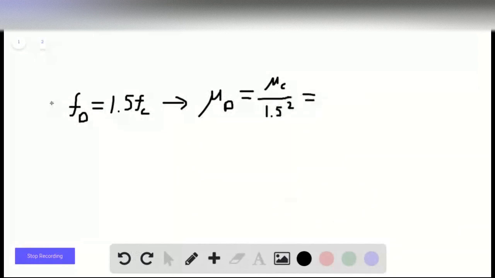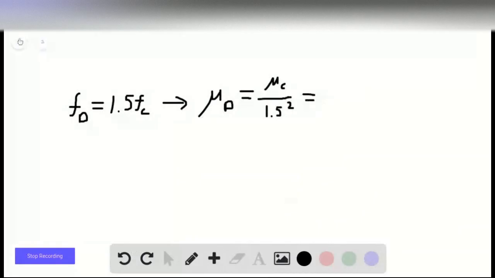Going back to the previous, mu c is 0.2 mu a, so 0.2 divided by 1.5 squared is 0.88, and then you have mu a. Box that in. It's the last part of our answer.